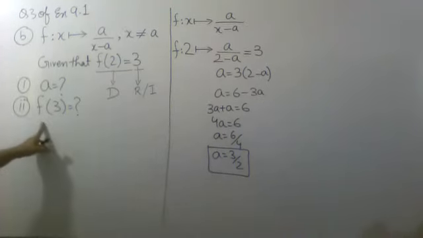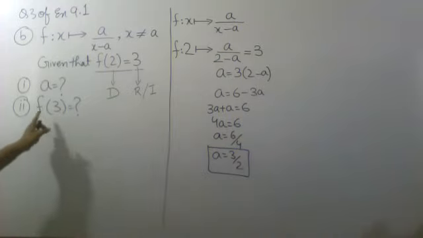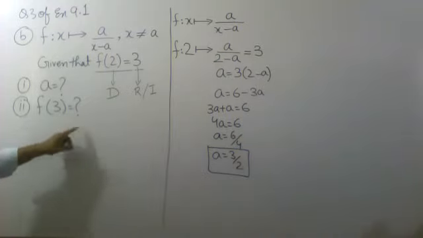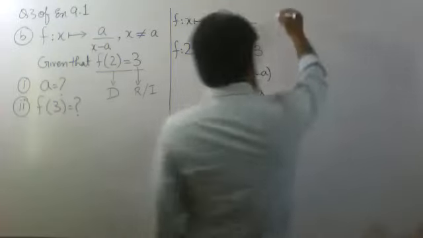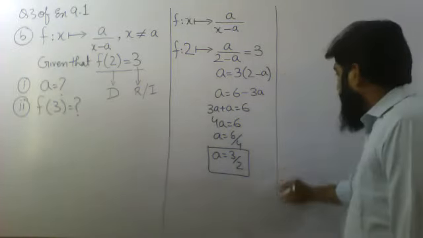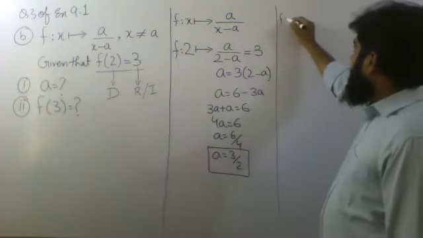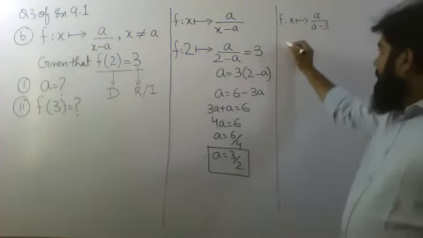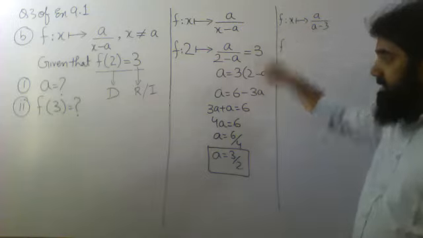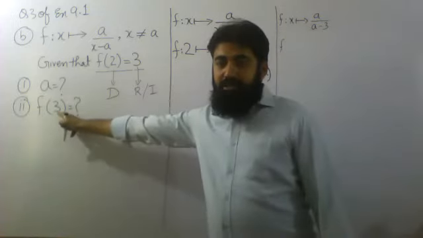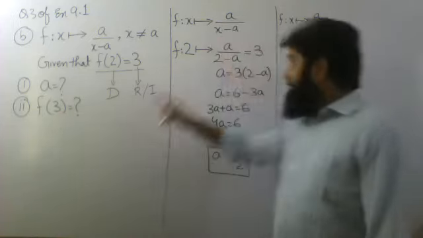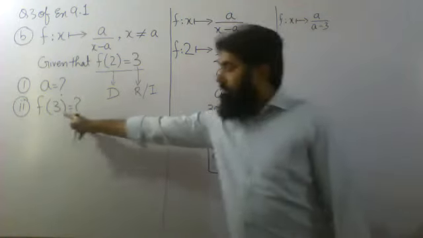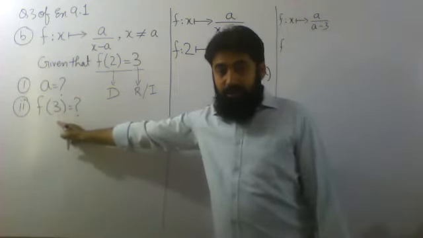Now, going for this one, what will f of 3 equal? My function was f of x equals a upon x minus a. Replacing this x by this 3 now, because now this is my new domain.